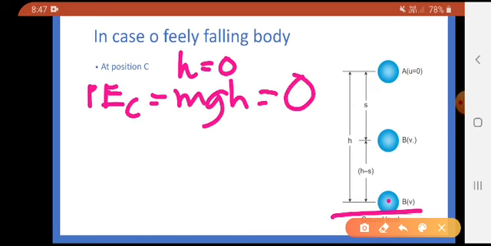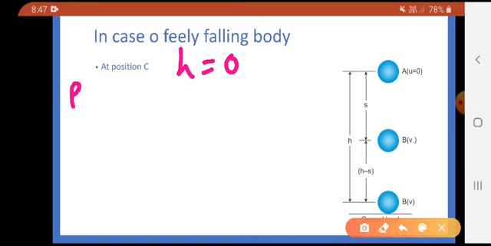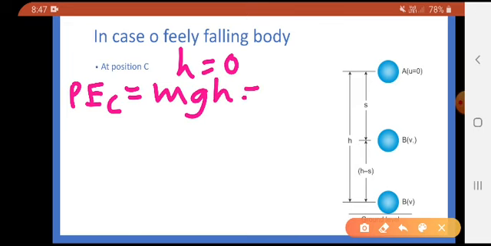Therefore potential energy at C equals mgh, that equals 0.